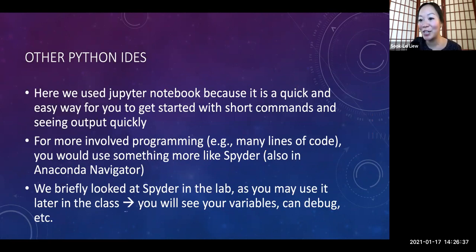All right, we're coming to the end of the lecture portion. In this case, we use Jupyter Notebook because it's quick and easy for you to get started with short commands and seeing output quickly. If you decide to get more involved with programming, where you have many lines of code, Jupyter Notebook is not your best option, and you would use something more like Spyder, which we talked about and which is also in Anaconda Navigator, because it will let you type multiple lines of code all together.